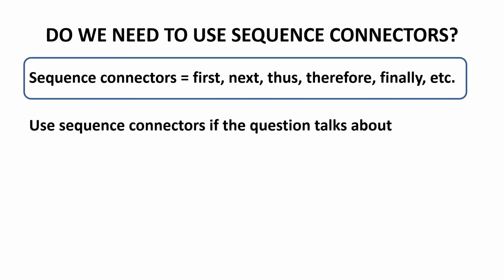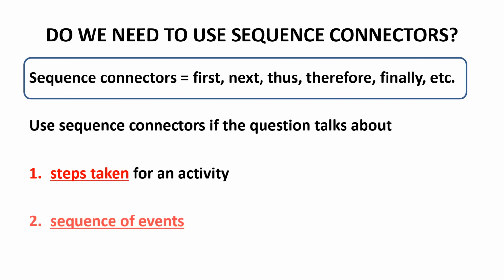Sequence connectors can be used if the question talks about steps taken for an activity. For example, SPM 2015 is about steps taken how to make the cups breathing again. That one you can use sequence connectors. Or another one is sequence of events. When they mention about this happened and then the next thing happened and then after that something else happened, then yes, you can use sequence connectors.